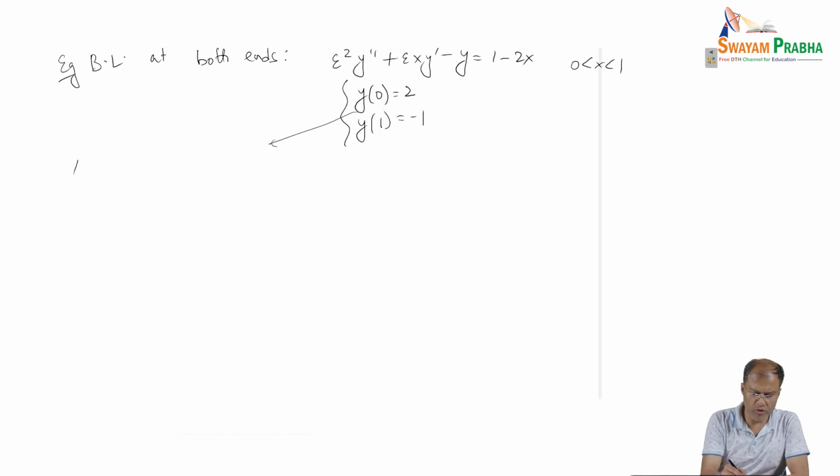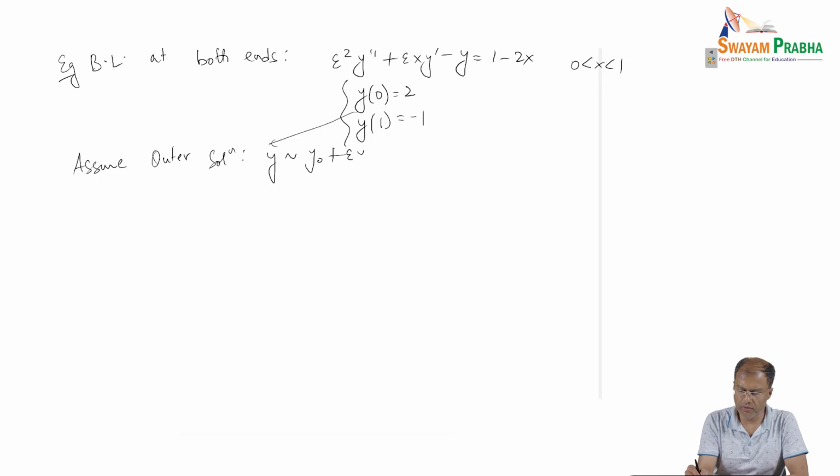So assuming that we have an outer solution, let's say y is y naught plus epsilon y1 plus epsilon square y2 and so on. We see that if we plug it into our original ODE, the order 1 solution comes out to be y naught is equal to 2x minus 1.